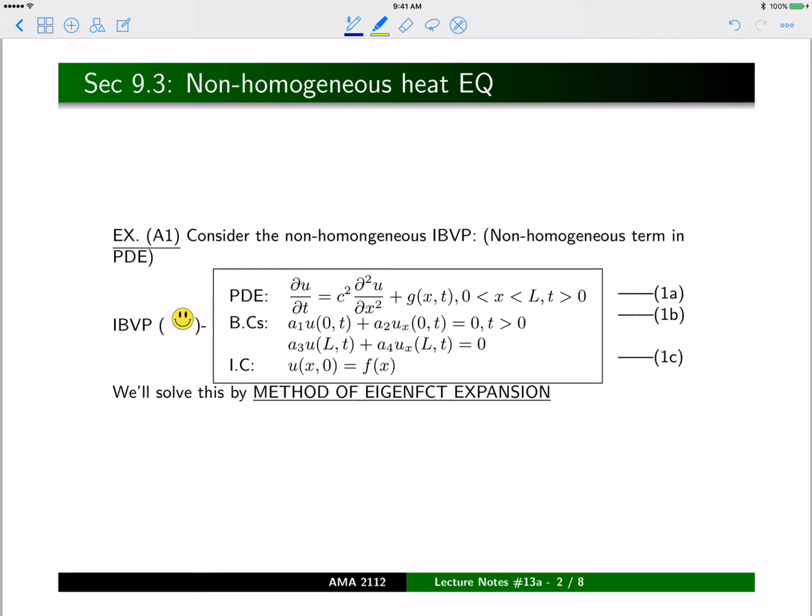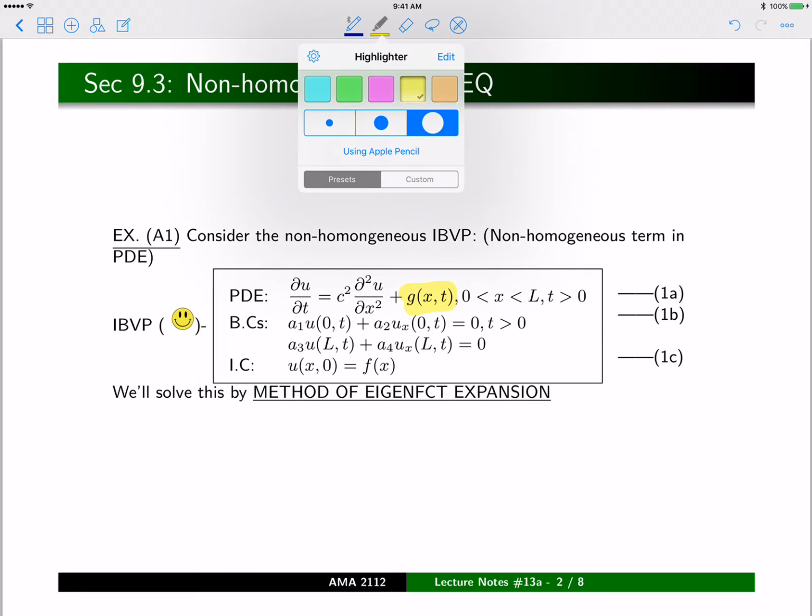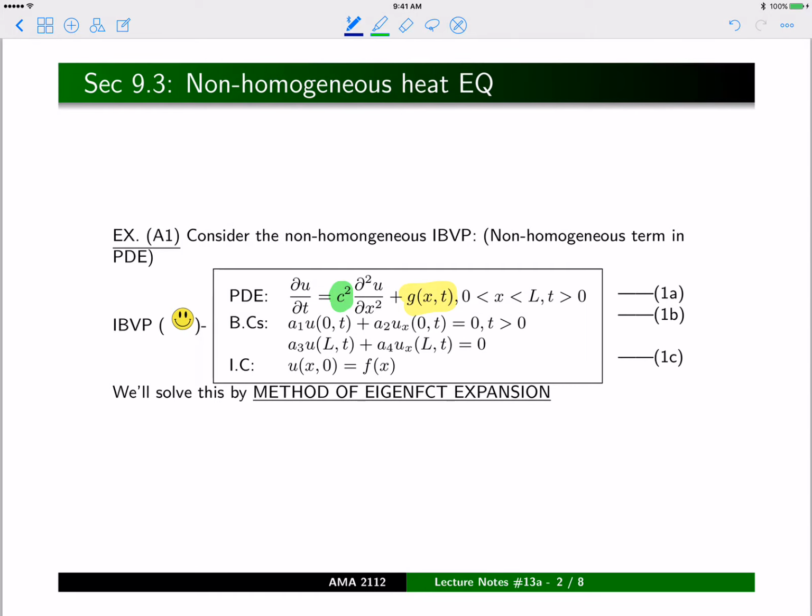Here's an example of a non-homogeneous PDE because there's a g of x and t here. If g of x and t equals 0, then it's just the regular heat equation. Of course, here our c squared is equal to k. So the non-homogeneous term usually represents a heat source or sink.